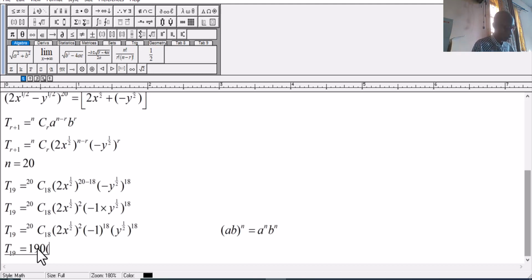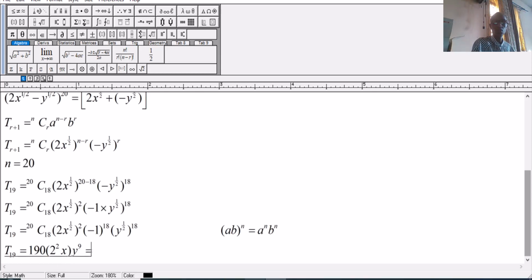In this case we have 2 raised to the power of 2, and then 2x raised to the power of half, times raised to the power of 2, is just x in that place. Minus 1 raised to the power of 18: 18 is an even number, so everything there will turn positive, so I can ignore it. And then y raised to the power of half times 18, that would be 9. So we have y raised to the power of 9 there.